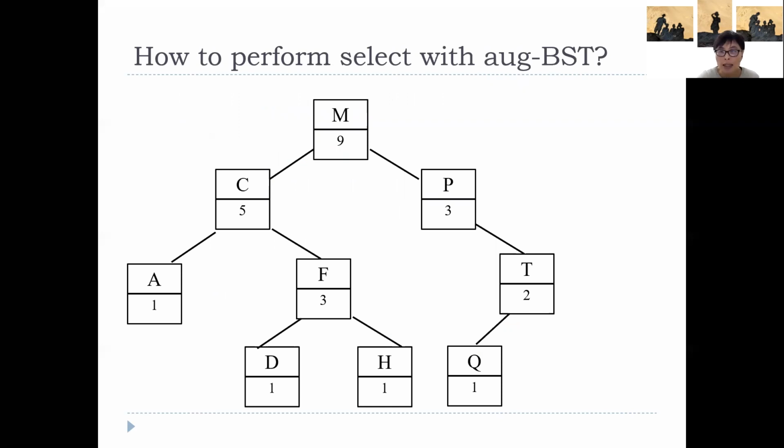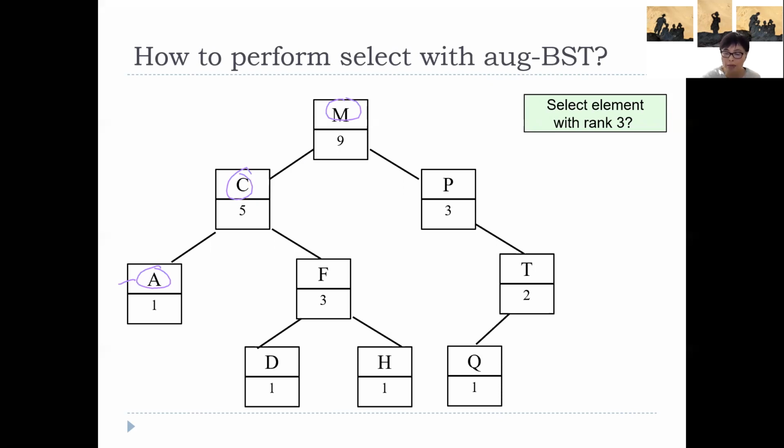Suppose I want to select the element with rank 3. Let's assume our keys are letters, alphabetically ordered. The smallest one would be A, then the next one is C, then D, then F, H, M, P, Q, T.